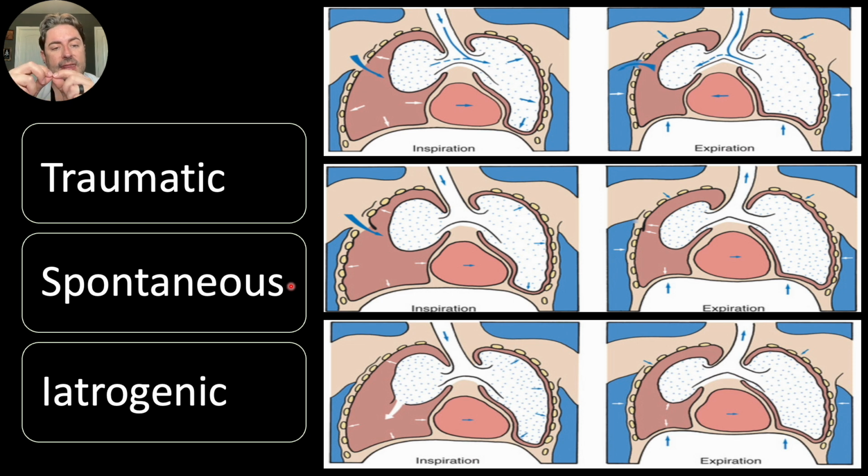Anyways, that's a thinning of the lung parenchyma and an increase in pressure or an increase in volume. So they just take a big deep breath to do a squat, or they take a big deep breath because they yawned or because they coughed. Well, that increase in volume or increase in pressure is going to lead to that thin spot rupturing.